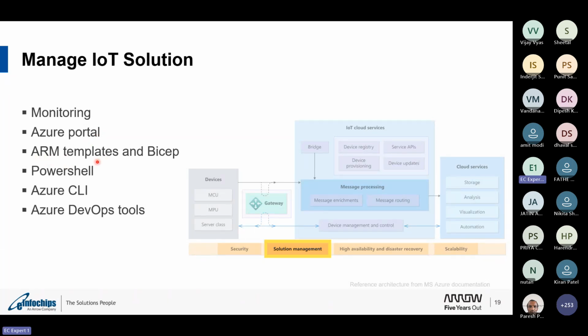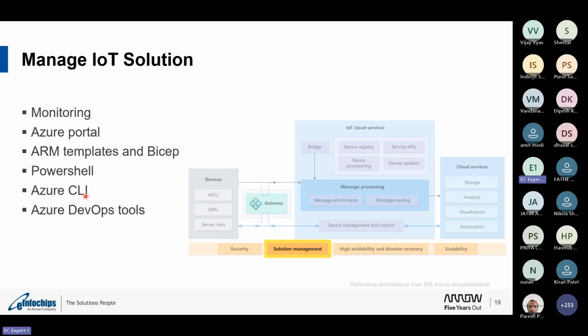These are the templates that allow you to do an automated deployment of the solution. So let's say today you build a solution and deploy it into the cloud in a particular region, let's say in India. Now tomorrow you want to expand it to Europe. So now you have the template through which you can replicate the same in the European region as well.